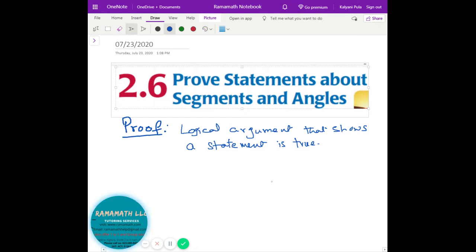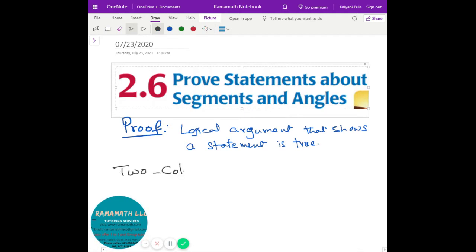When we're using a logical argument, we're not just saying whatever and then say, yeah, it is true, you need to believe it, but no, we're showing some logic behind why it is true. Okay, so that is called the proof. So in math and in geometry, we use a two-column proof.